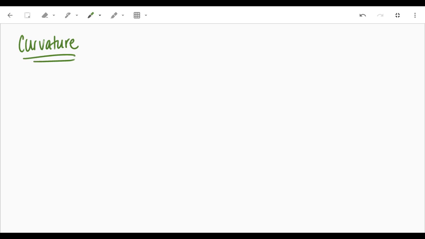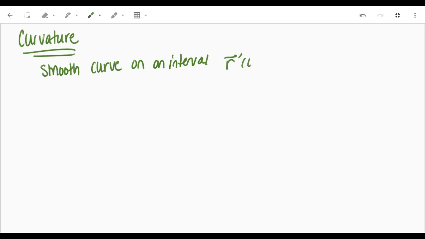Curvature is basically how curvy the curve is. First of all, it has to be a smooth curve. Let me back up a second. A smooth curve on an interval means that r prime is continuous and not equal to 0.